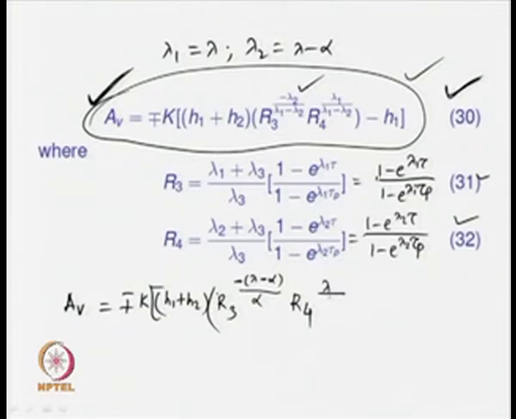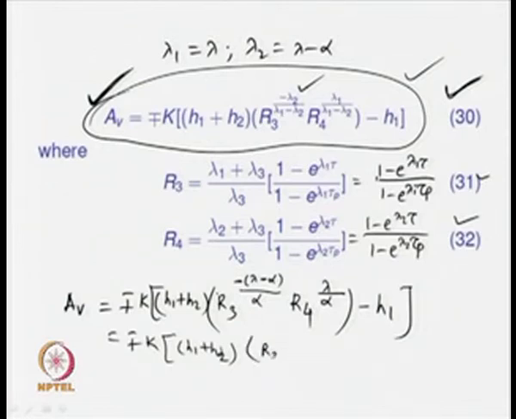So, lambda by alpha. Then we have got minus H1. If I further expand this one, I get minus plus k H1 plus H2 times R3 times R3 to the power minus lambda by alpha times R4 to the power lambda by alpha, minus H1.